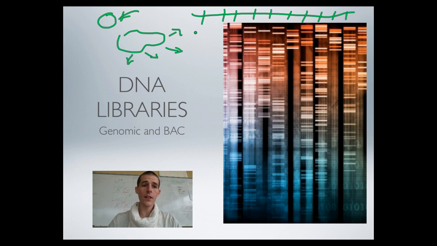Now, this is not a very precise approach. You are cutting out the gene of interest, all of its introns, exons, everything else, and sticking it into this plasmid and then into the bacteria.